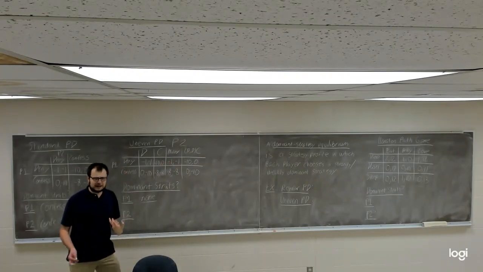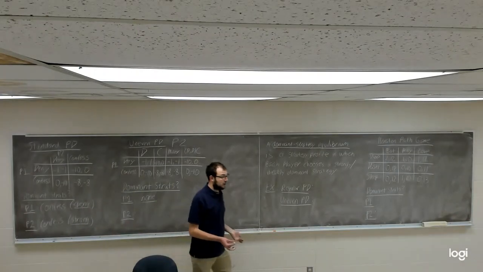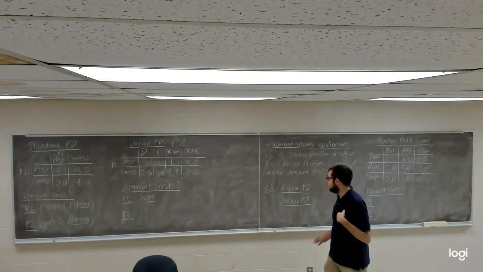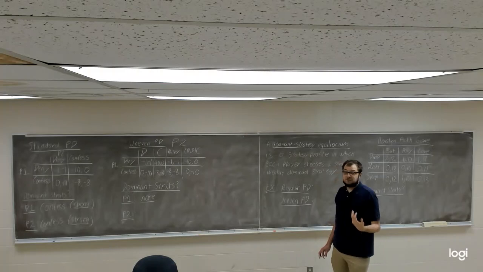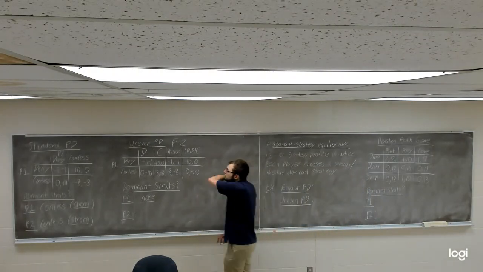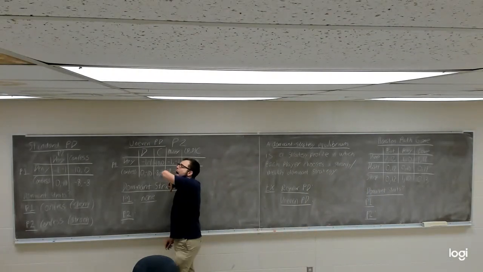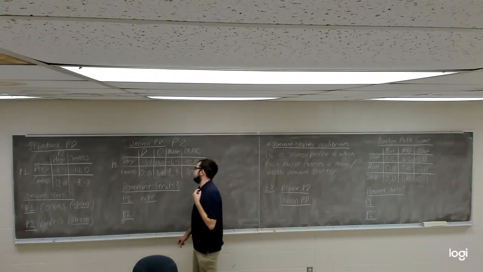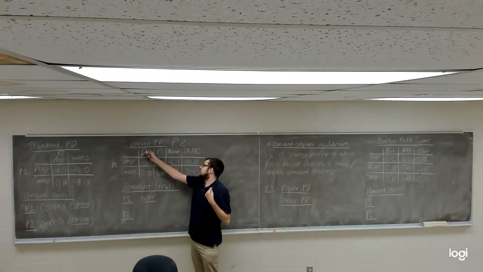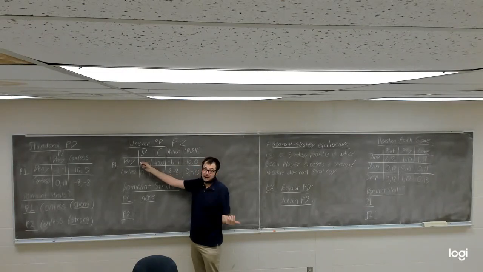But in every other circumstance, it's better for player 1 to confess, with the reasoning that if player 2 always denies, player 1 can get 0 as opposed to -1 by confessing.